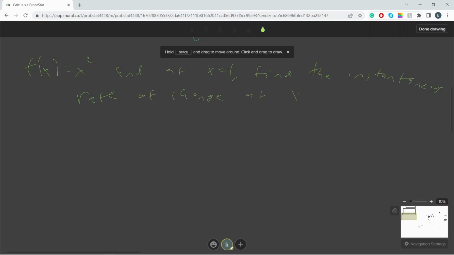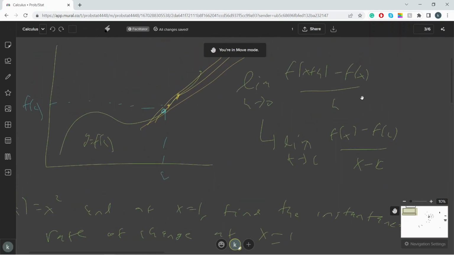So we want to find the instantaneous rate of change of f at x equals 1. And recall in the previous video, we dubbed this instantaneous rate of change, aka the derivative. So we essentially want to find the derivative of f at x equals 1. And we want to use our tool that we've developed right here, these limits, to solve that problem.